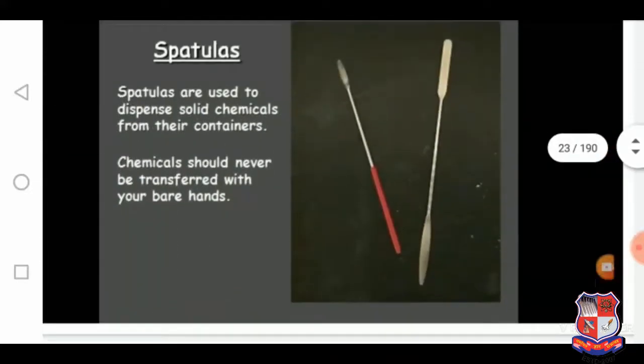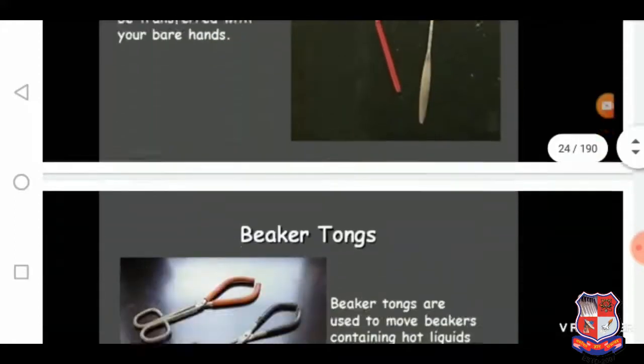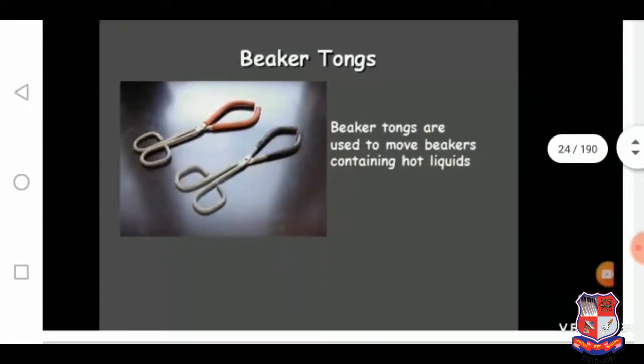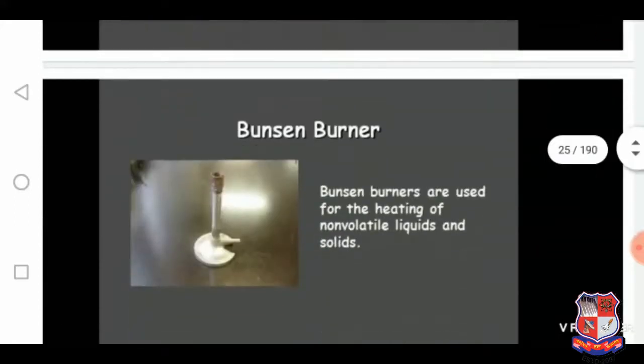Spatulas are used to dispense solid chemicals from their containers. Chemicals should never be transferred with your bare hands. Beaker tongs are used to move beakers containing very hot solids or liquids.